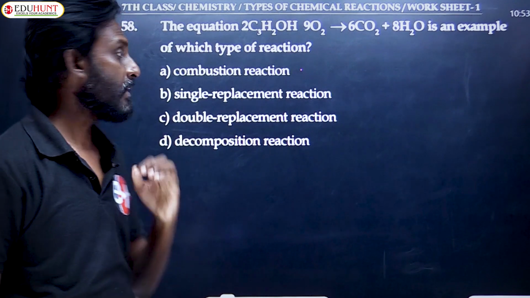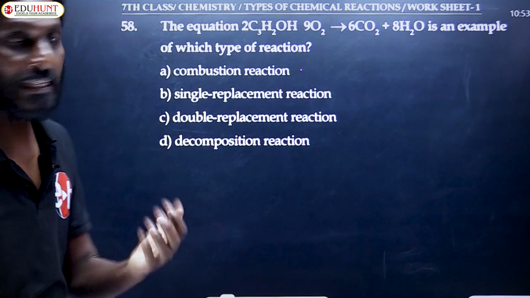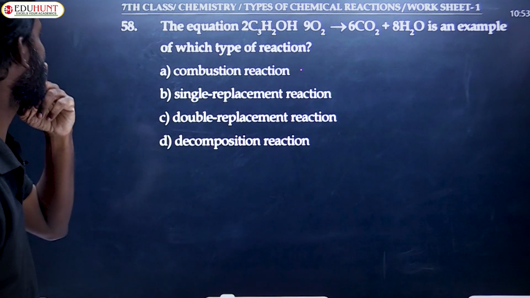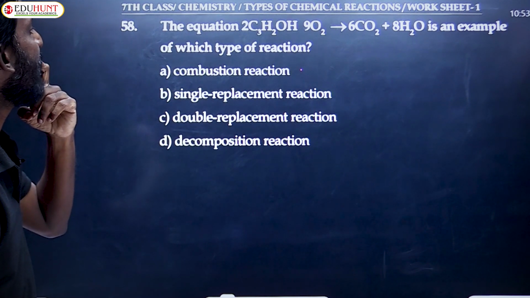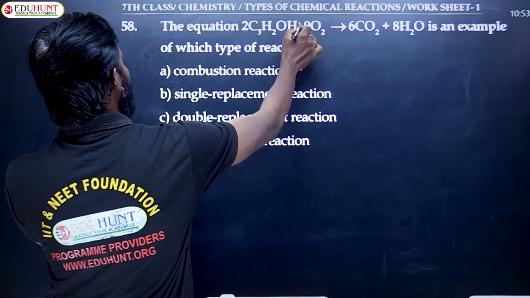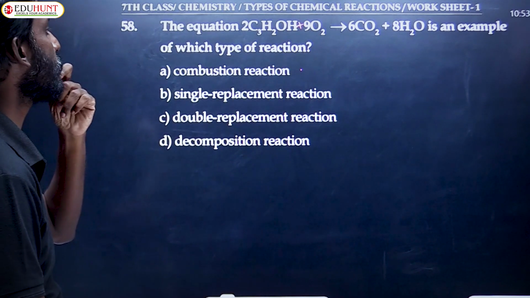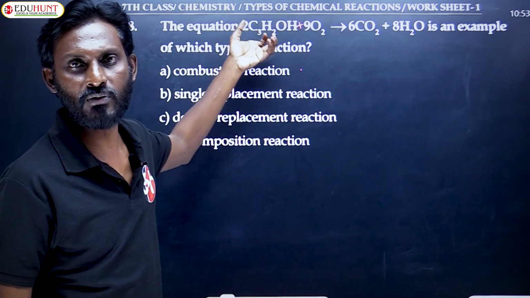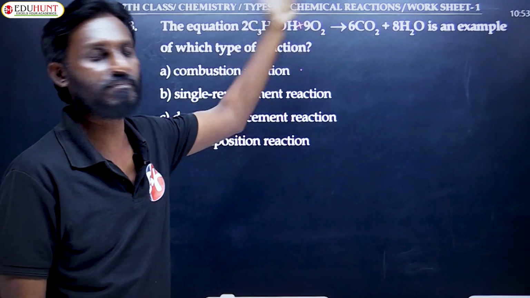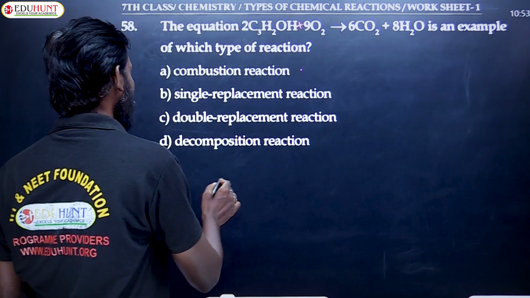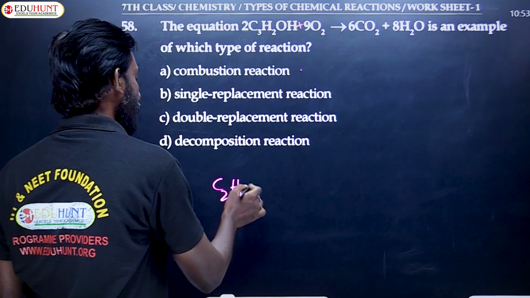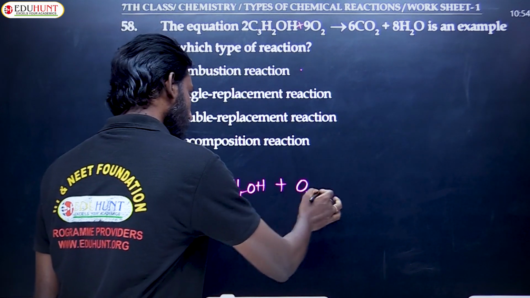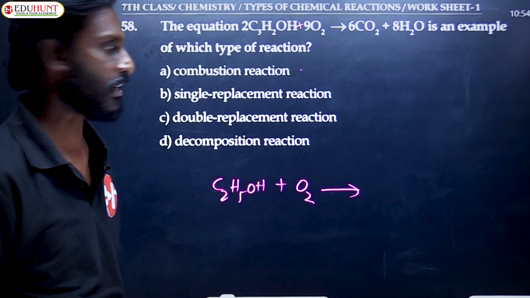Yes. The equation C2H5OH plus 9O2, I think something is missing here, plus symbol, 9O2 gives rise to CO2 is an example of combustion. An organic compound when treated with oxygen, like C2H5OH, some organic compound, you are treating that with oxygen, it's a combustion reaction.